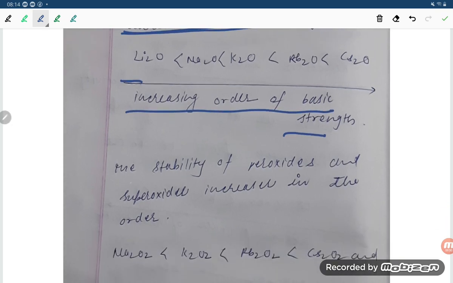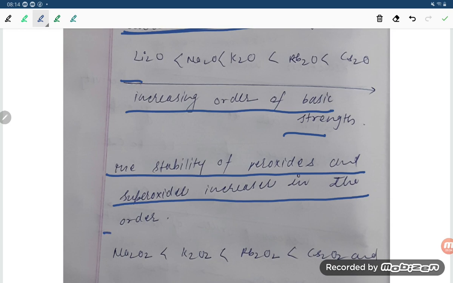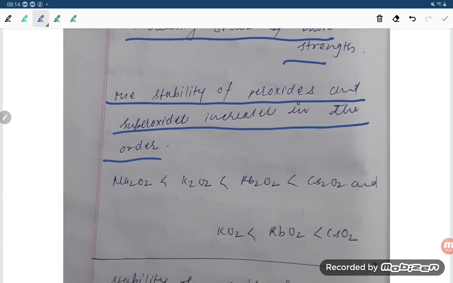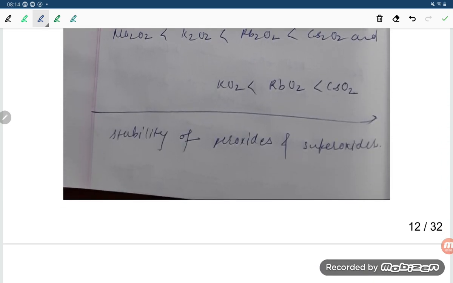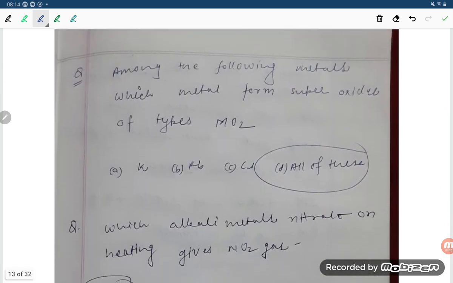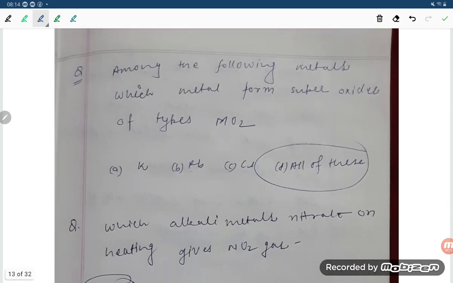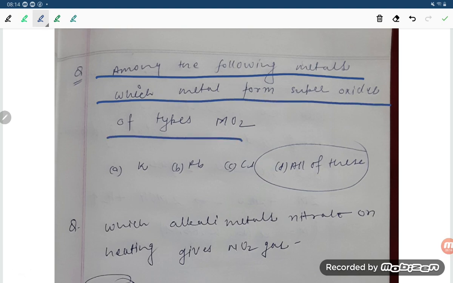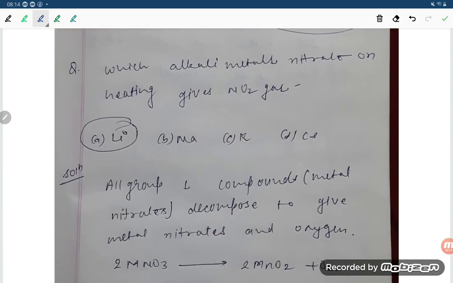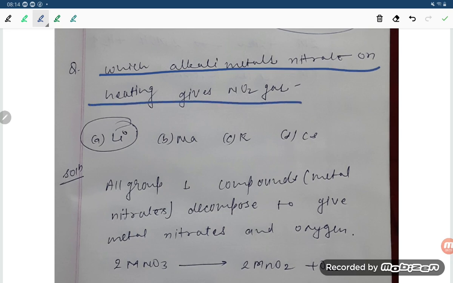What they are saying is the solubility of peroxide and superoxide increases in the order Na2O, K2O. Now next point: among the following metals, which forms superoxide? All of these. Which alkali metal nitrate on heating gives NO2?